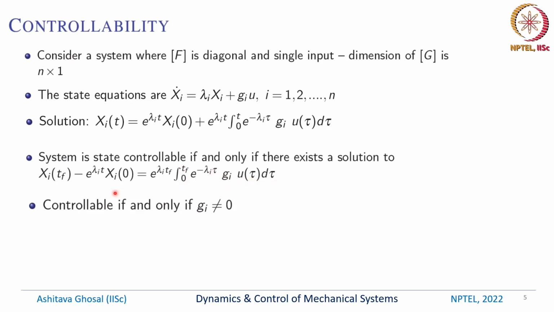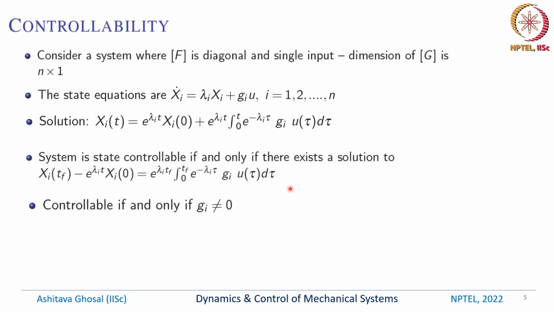So I want to go from xi of 0 to xi of tf in finite time. If that is possible, then there must be a solution to this equation.